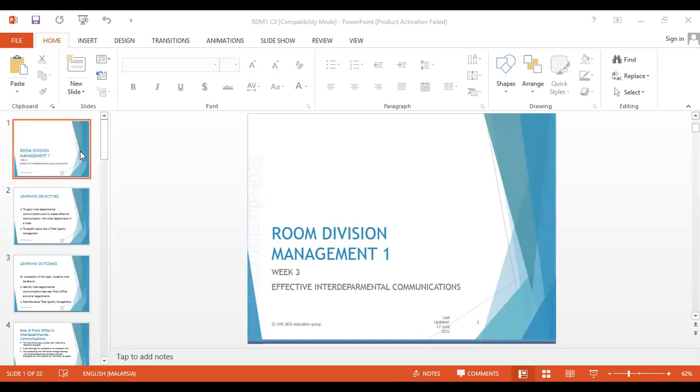Because in order for the front office to function properly, they need to communicate with other departments, especially housekeeping regarding room status and so on. So this is the chapter in which we will discuss what they communicate between front office and other departments in the hotel.